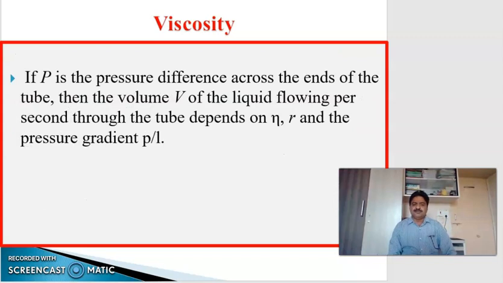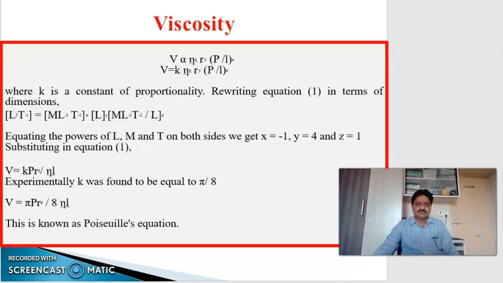If P is the pressure difference across the ends of the tube, then the volume V of the liquid flowing per second through the tube depends upon eta, r and the pressure gradient, where K is constant of proportionality.